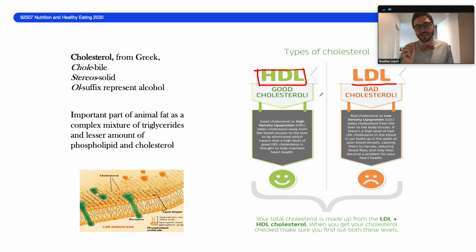Now, I said that the two greatest factors affecting cholesterol were exercise and sugar. Exercise increases your HDL cholesterol, your good cholesterol, right? Whereas sugar, your simple carbohydrates, can actually increase your LDL cholesterol.